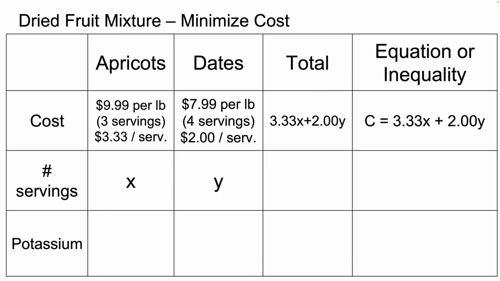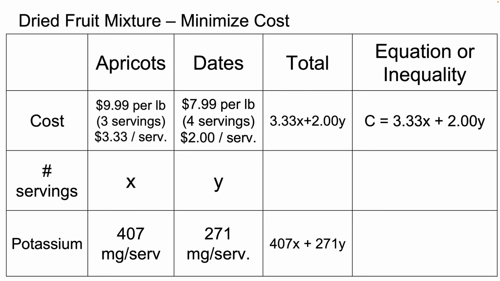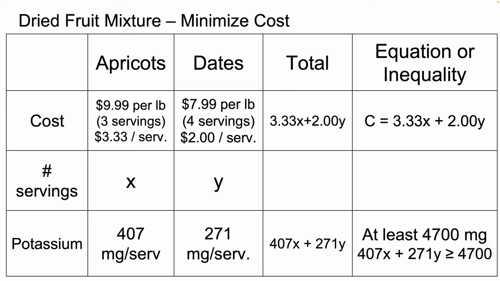One of the constraints was potassium, and we're told that apricots have 407 milligrams per serving and dates have 271 milligrams per serving, for a total of 407 times the number of servings, which would be X, plus 271 times Y. We're also told that the amount of potassium must be at least 4,700 milligrams. This means that the total amount of potassium, which was 407X plus 271Y, must be greater than or equal to 4,700.